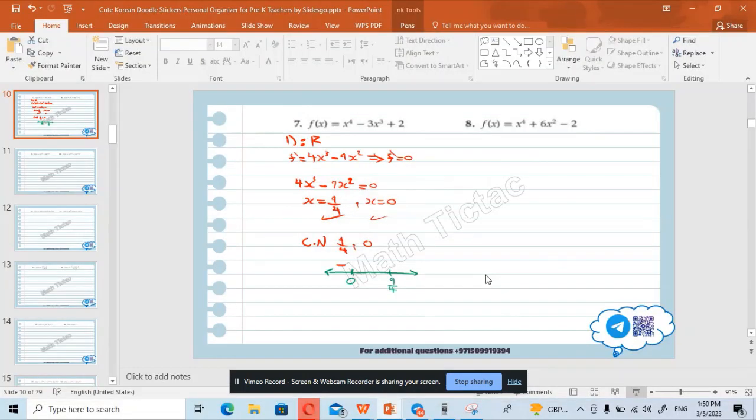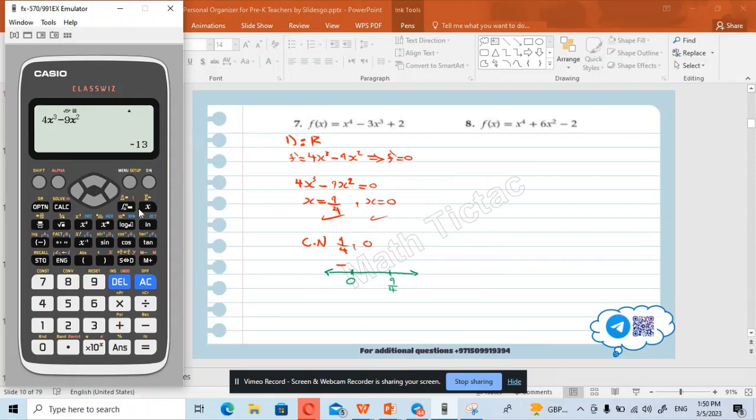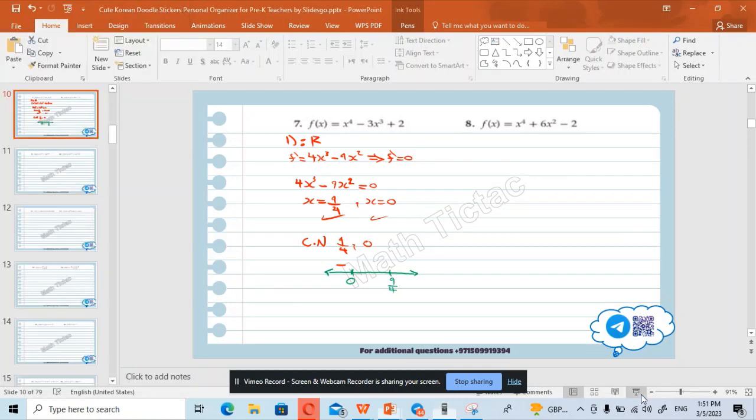So let's go back and test a value between 0 and 9/4. Let's substitute 1. Again calc, I will choose 1 this time because it's between 0 and 9/4. That gives me -5.